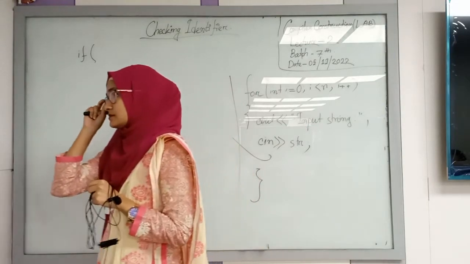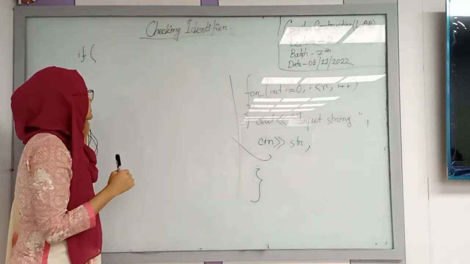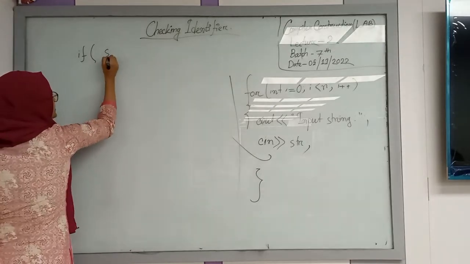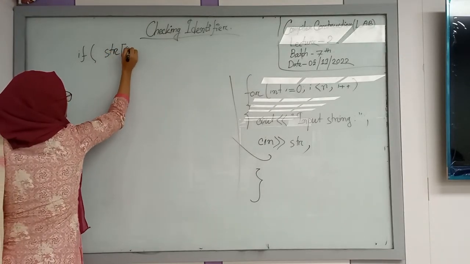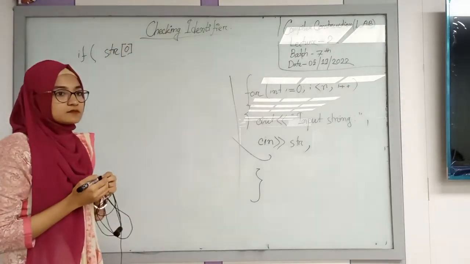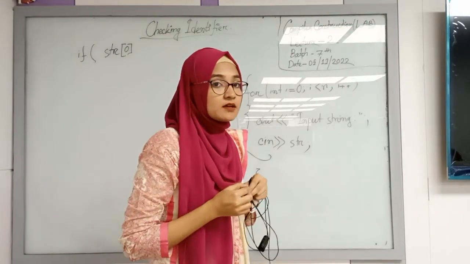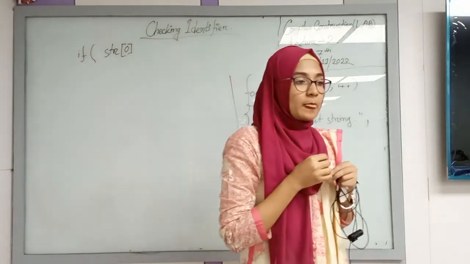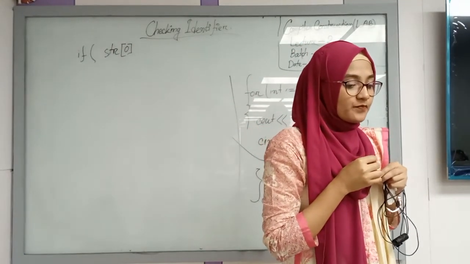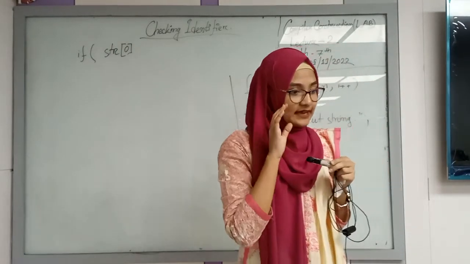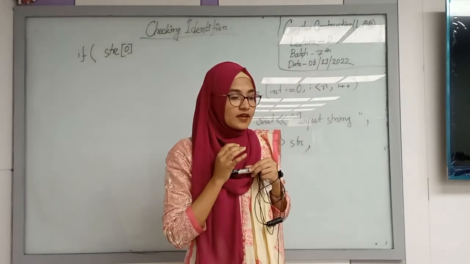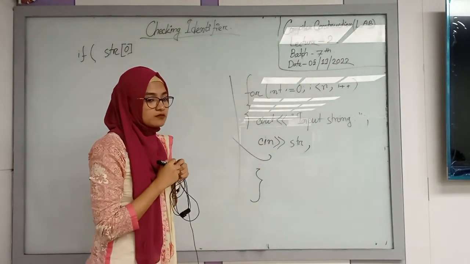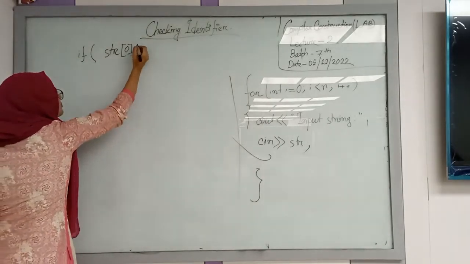Okay. Suppose we are going to check str[0]. What can it be? First character. Except digit it can be anything, alphabets or underscore.